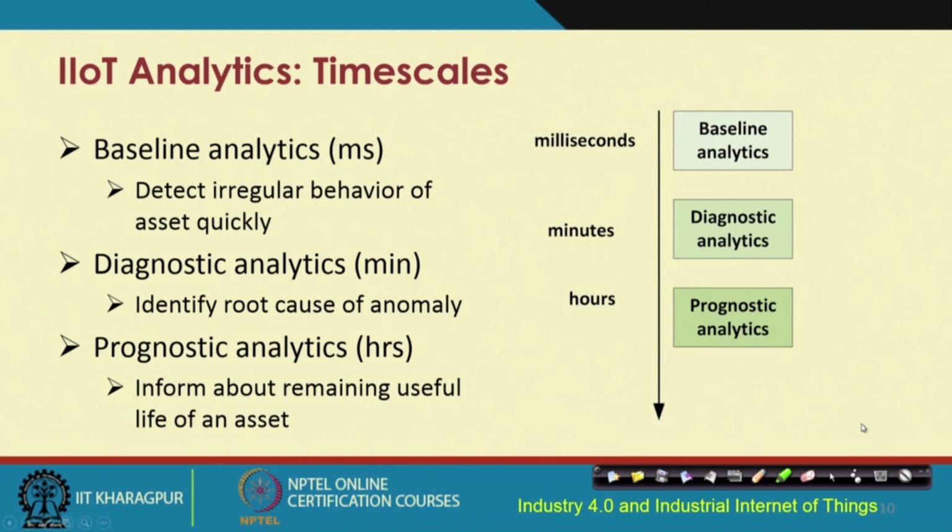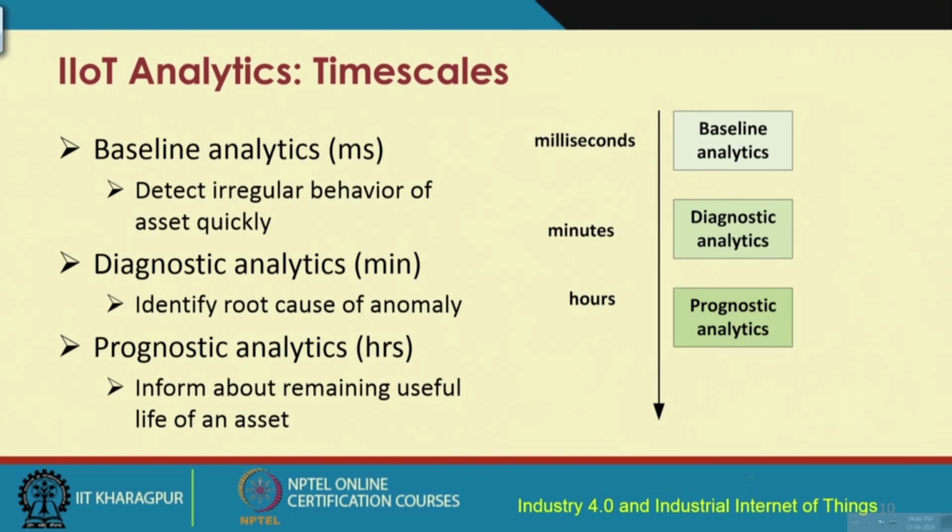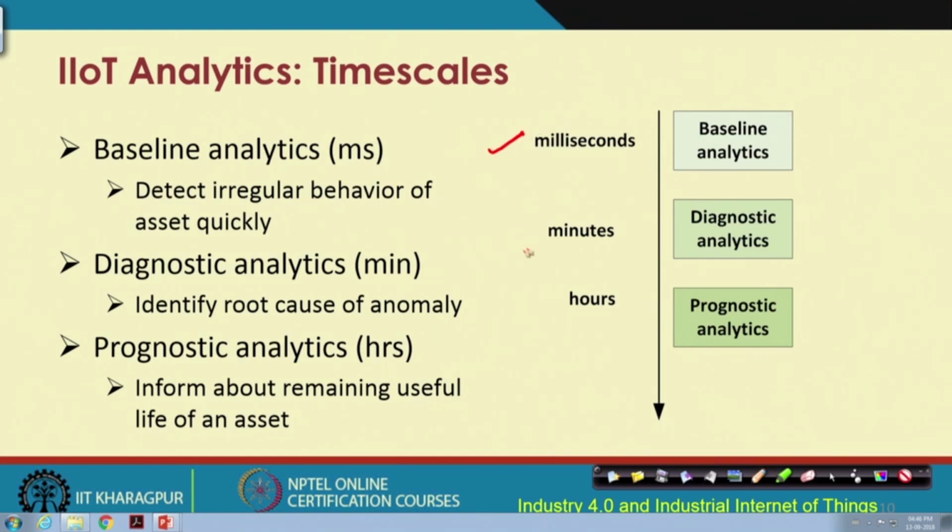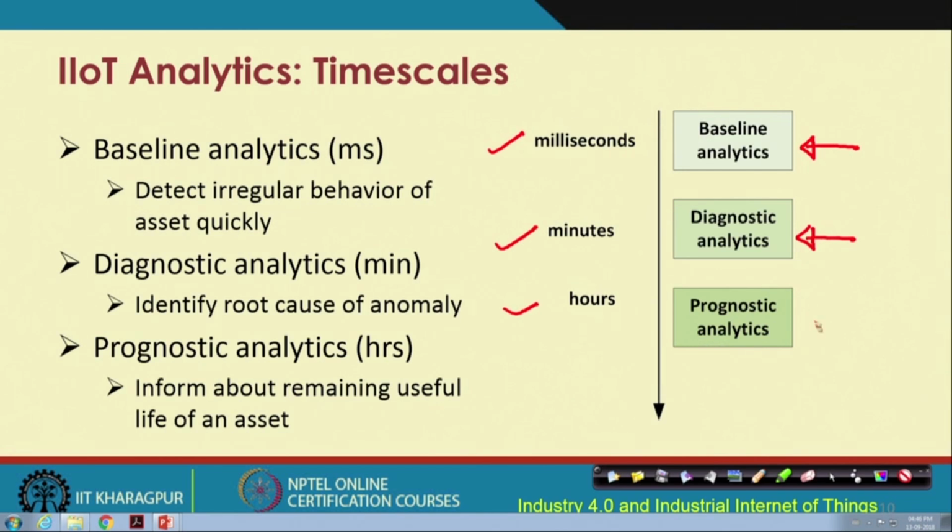In terms of the time scales for analytics, analytics will have to be performed in milliseconds, in minutes, in hours. Milliseconds is basically the baseline analytics, minutes are diagnostic analytics, and hours are prognostic analytics.